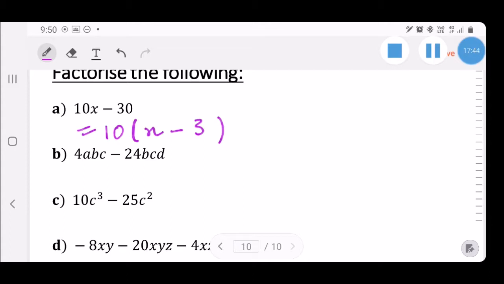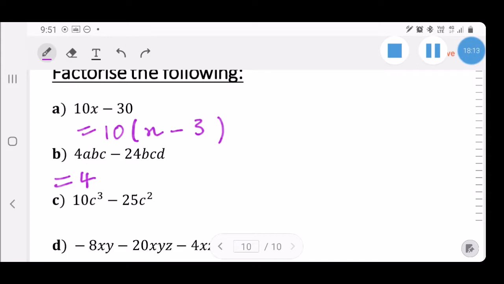All right, question B. 4ABC minus 24BCD. Okay. Well, let's just deal with the coefficients 4 and minus 24. Highest common factor there is 4. Now we have ABC, all just powers of 1, and BC, D. So out of those two terms, what is in common?